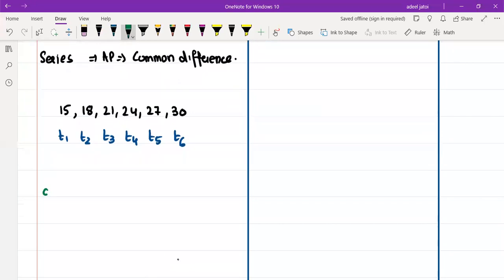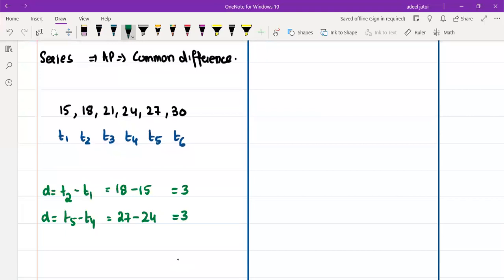So how do we find the difference? If we have term 2, we subtract term 1 from it. Let's say 18 minus 15 will be 3. We can also find D through T5 minus T4, which is 27 minus 24.